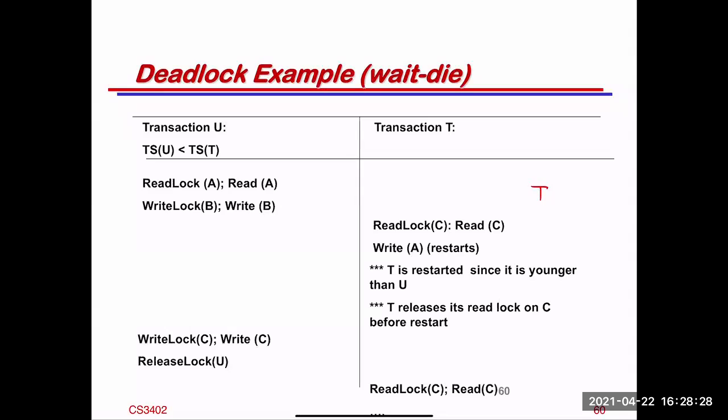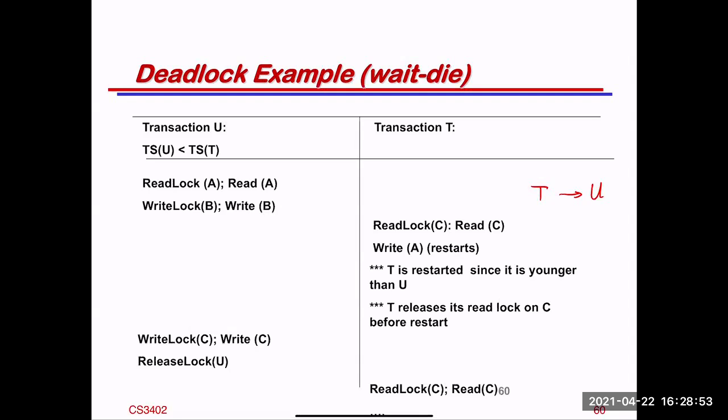So we have this setting here in our wait for graph, right? But we assumed that the timestamp of T is greater than the timestamp of U. Okay, so we are in the else branch of the wait die rule, and therefore the younger transaction, meaning T, is going to be restarted.